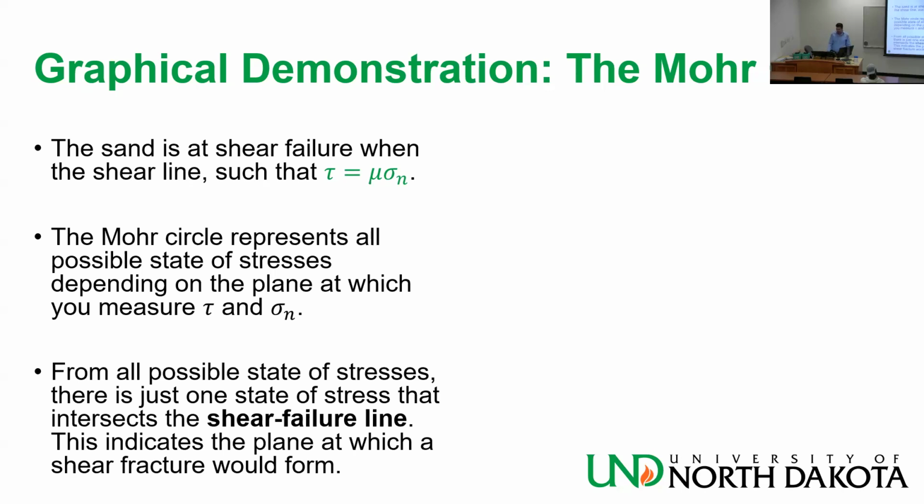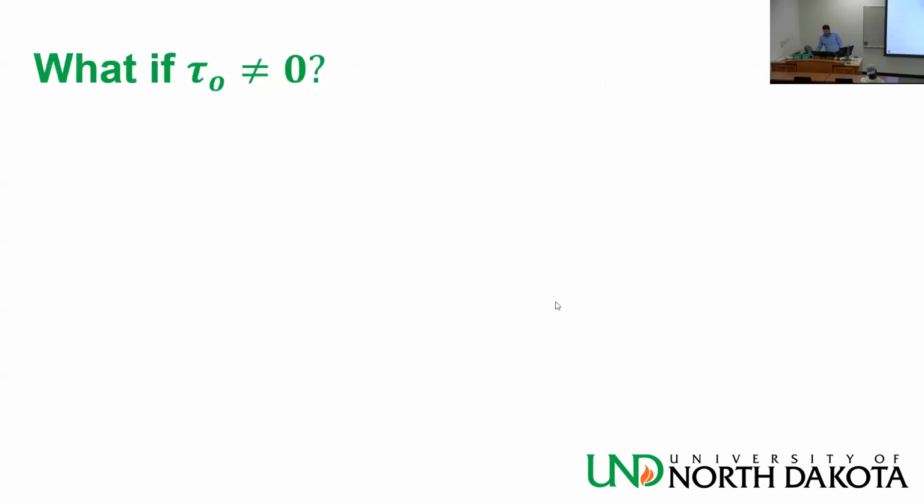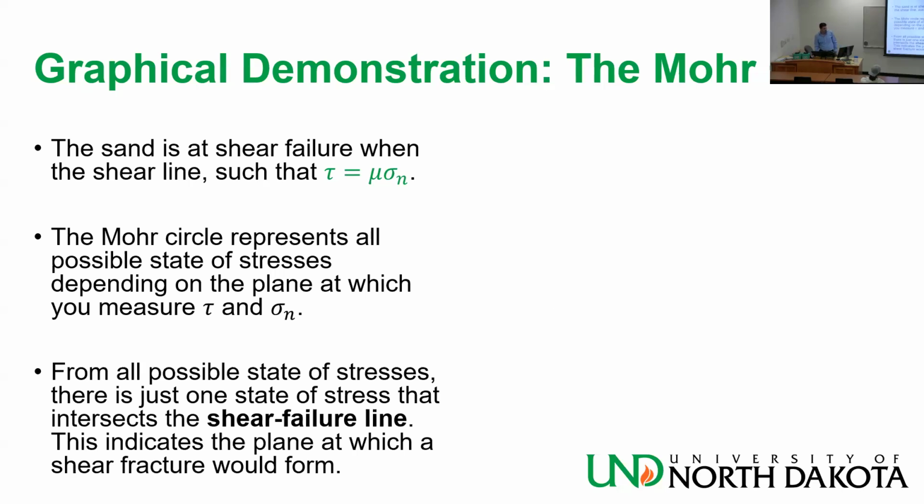This indicates the plane at which shear fracture will form. I think I left this empty for me to draw. I didn't put anything, so I have to draw it.